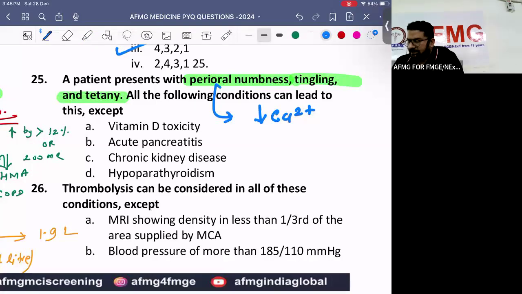Now let's see. Vitamin D toxicity means more vitamin D, it means more calcium. So vitamin D toxicity में क्या होगा? It will have hypercalcemia. Calcium बढ़ा हुआ आएगा.